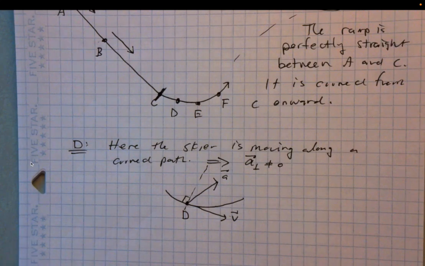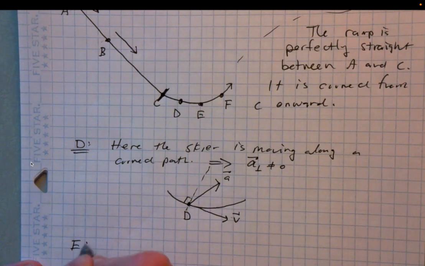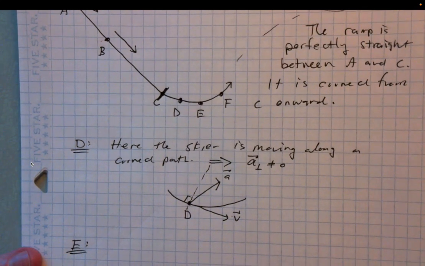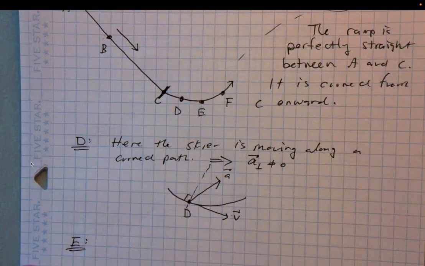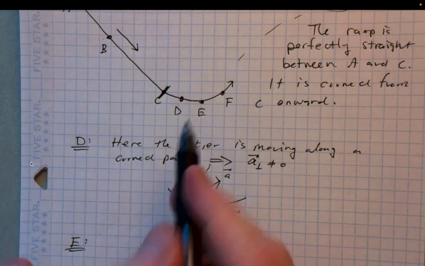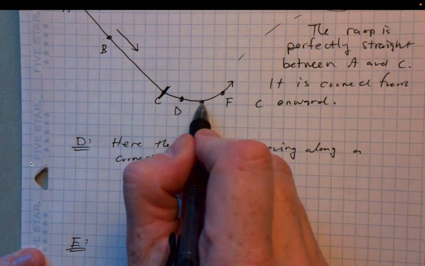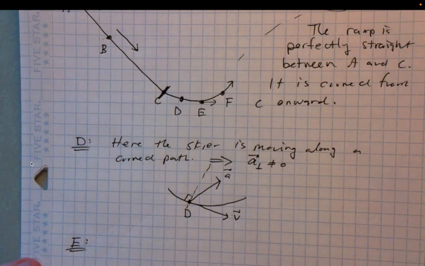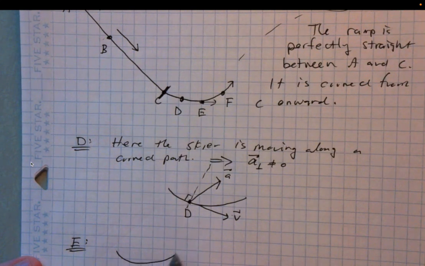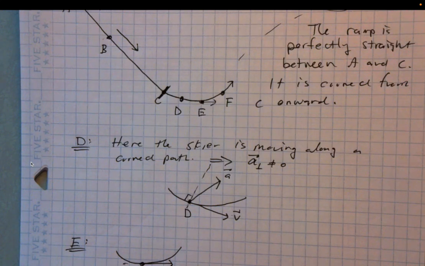Okay. What about at E? Well, at E, really E is meant to be at the bottom, right? So the velocity would be like this. At E, it's really the bottom of the ramp.